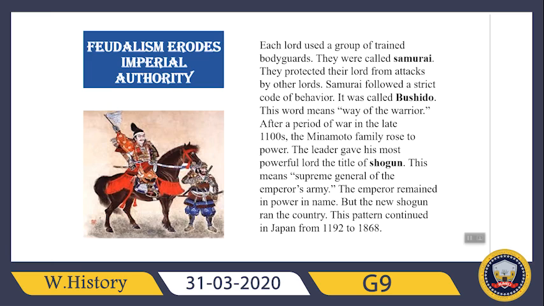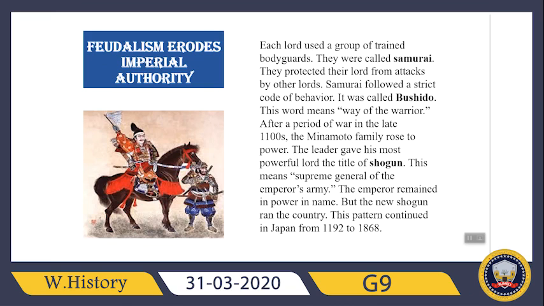These trained bodyguards were called Samurai. Samurai were basically the trained bodyguards who used to protect their lord from attacks by other lords.